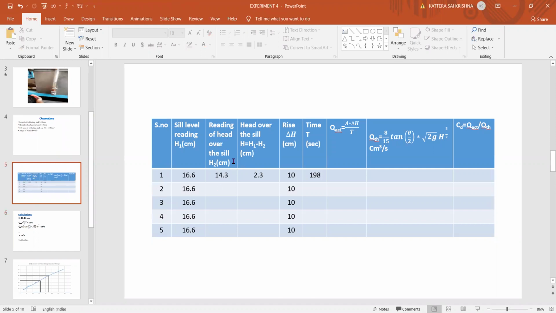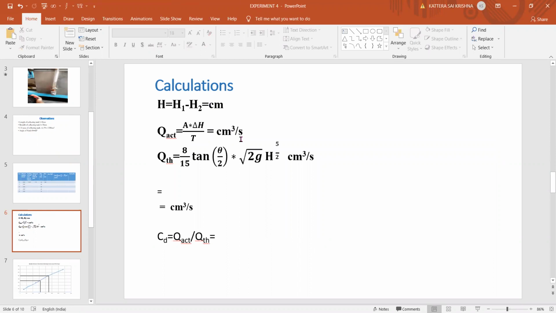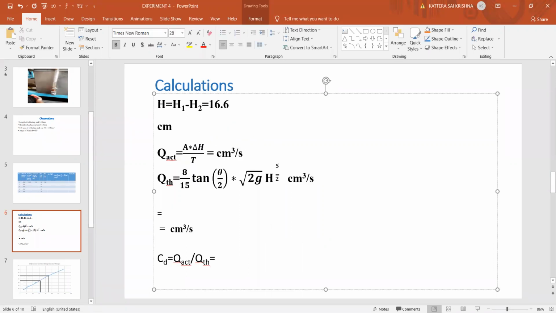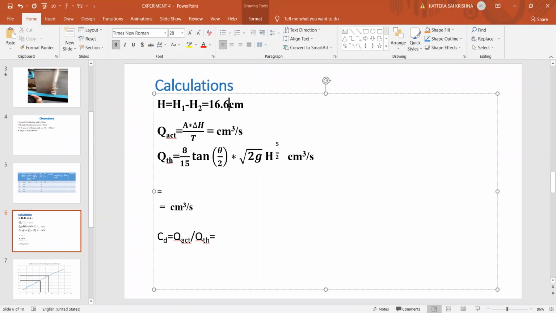First we have calculated the head over the sill, H equal to H1 minus H2. So 16.6 minus 14.3 equals 2.3 centimeters.